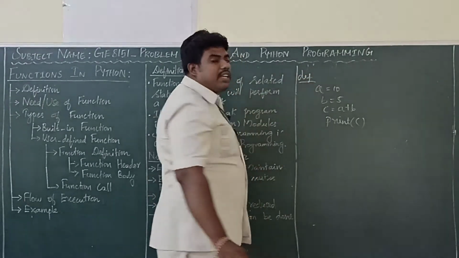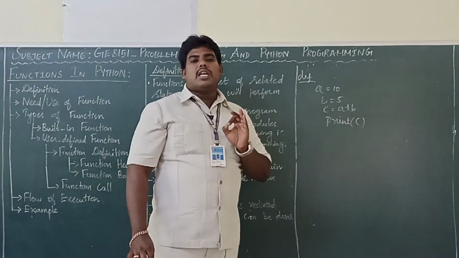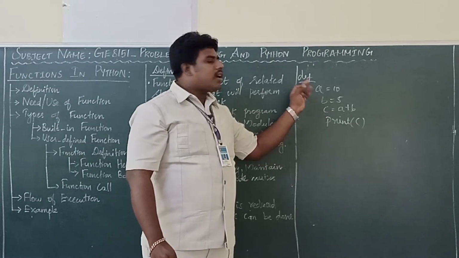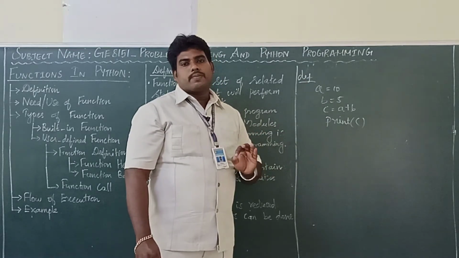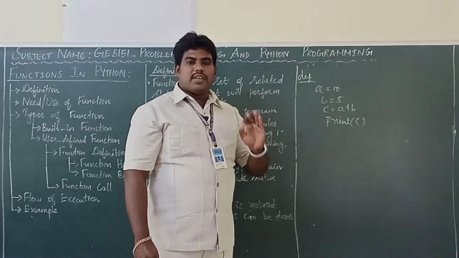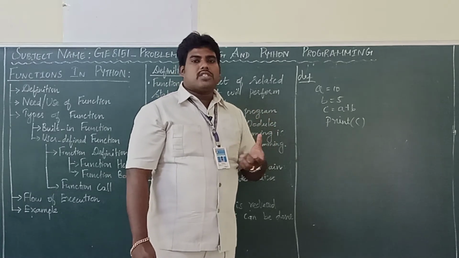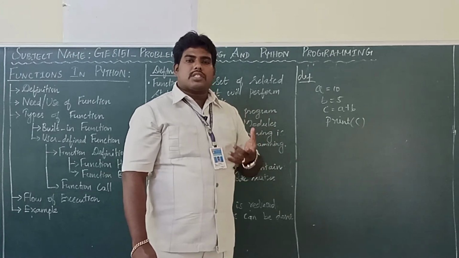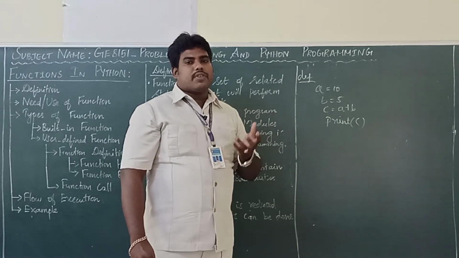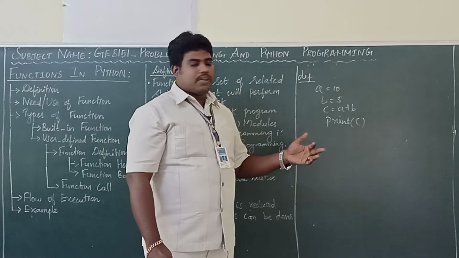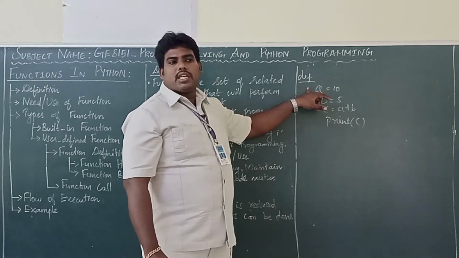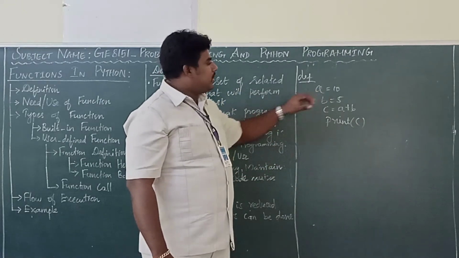def is a keyword. In Python there are 33 keywords, and one of the keywords is def. def means definition, function definition. The function definition holds the function's set of instructions, and it is denoted by the keyword def.